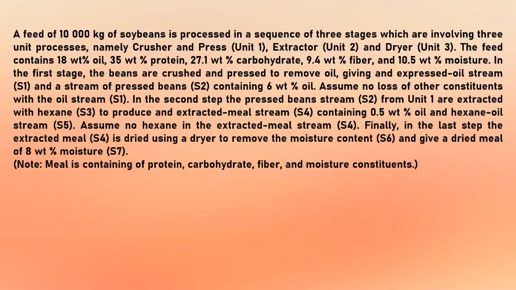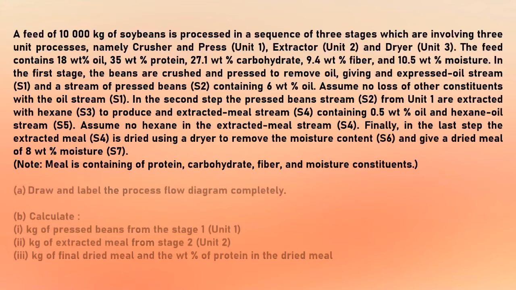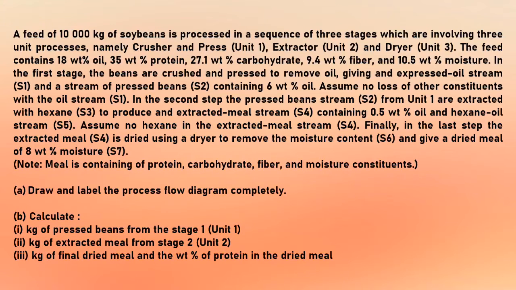Finally, in the last step, the extracted meal S4 is dried using a dryer to remove the moisture content S6 and give a dried meal of 8 weight% of moisture. So we should note that the meal is containing of protein, carbohydrate, fiber and moisture constituents. So the first question of this situation, draw and label the process flow diagram completely.